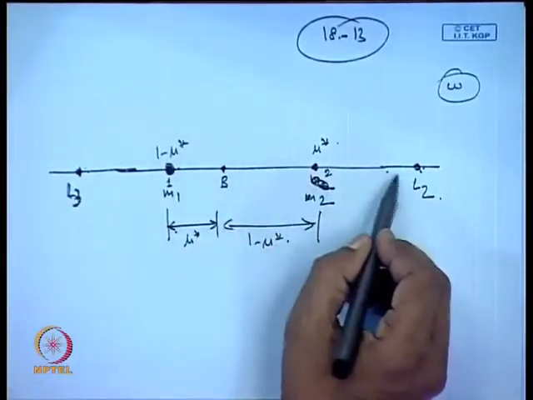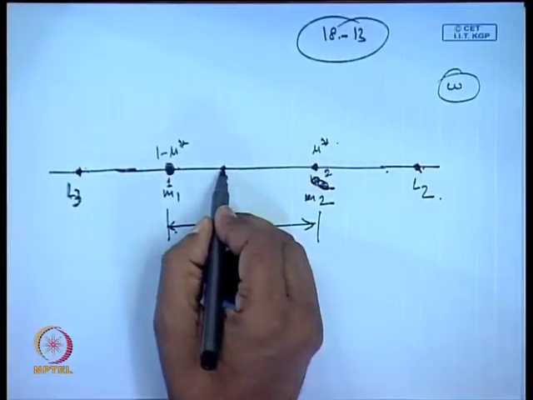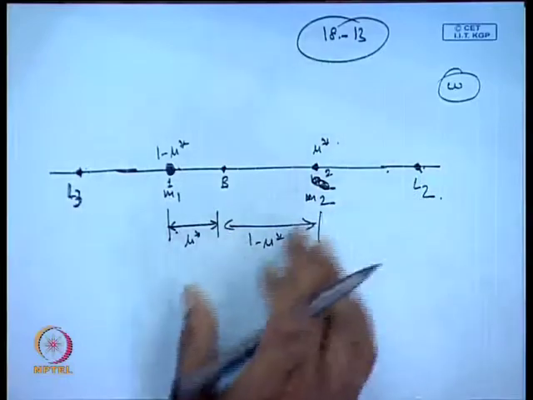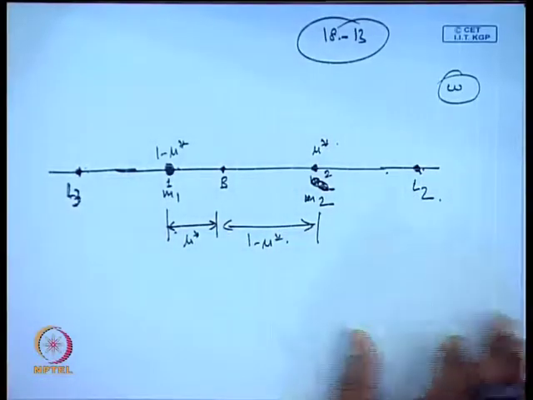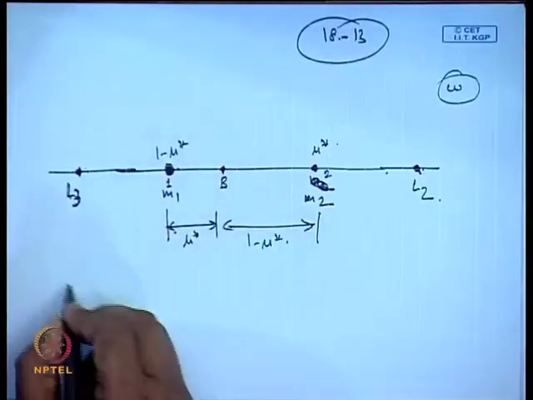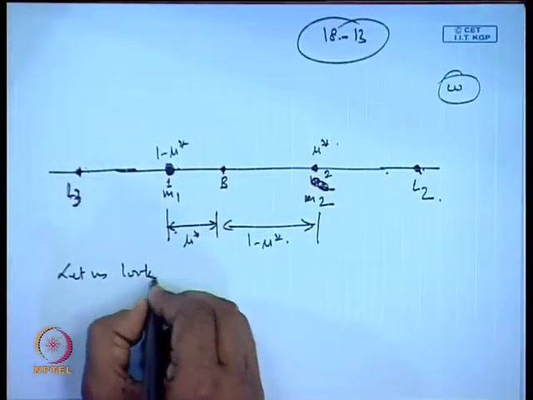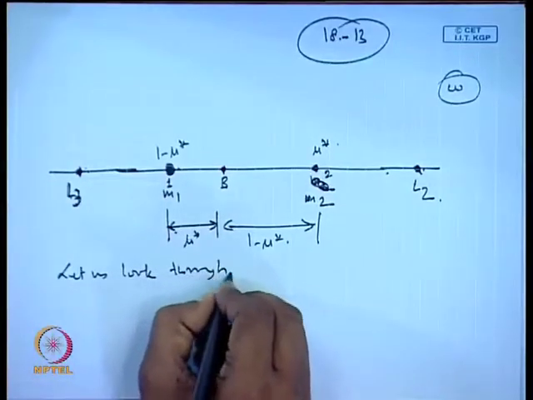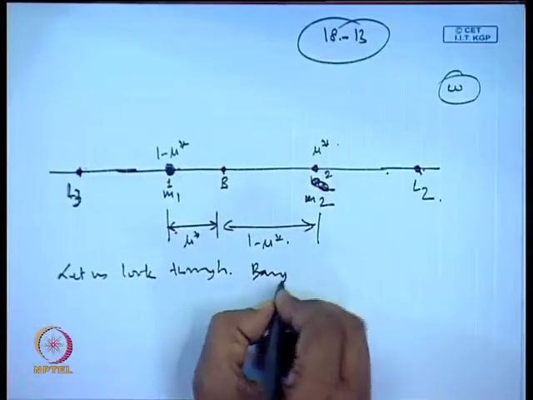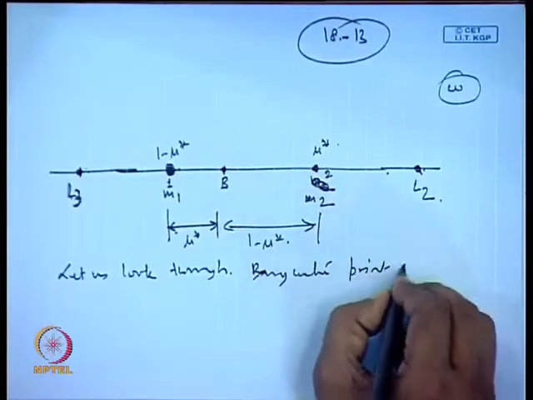Okay. So, you can see what are the forces acting on this point in the barycentric reference frame. If you look from that point of view also, it will give you very good insight. So, let us look at it from the barycenter point of view.